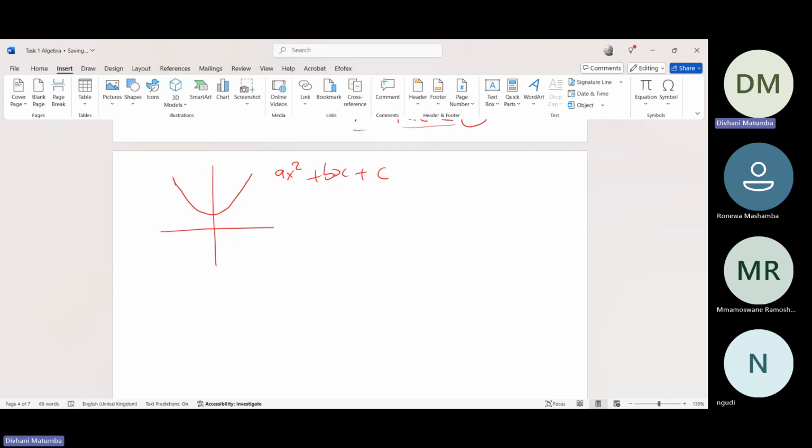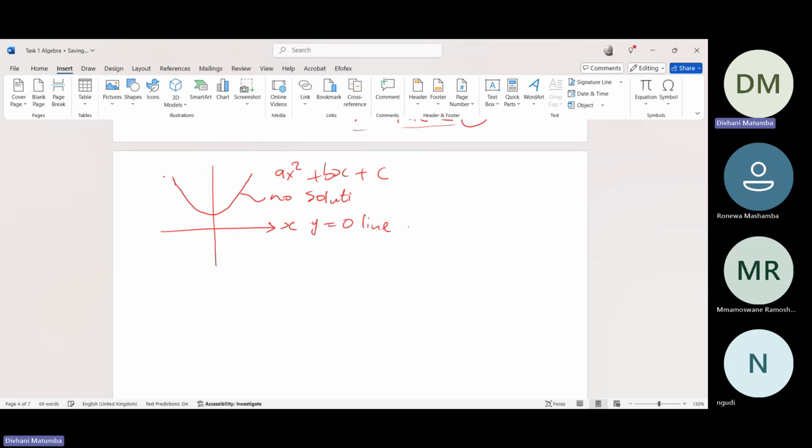So that parabola can either have no solution. This graph has no solution. The reason I'm saying this graph has no solution is because the solutions are where your graph cuts the x-axis, or the y equals 0 line.